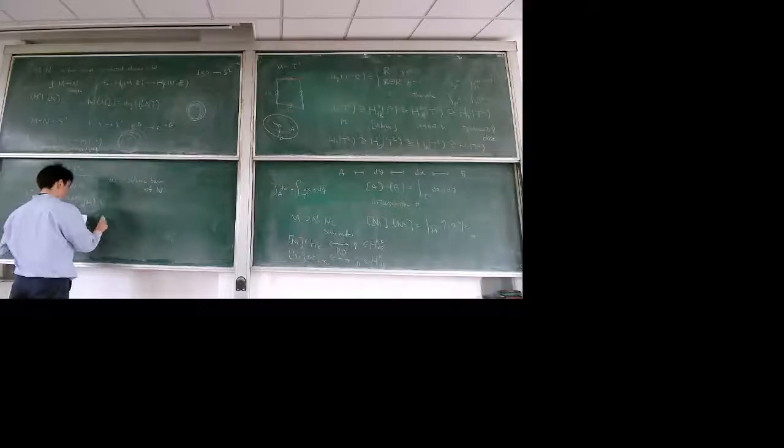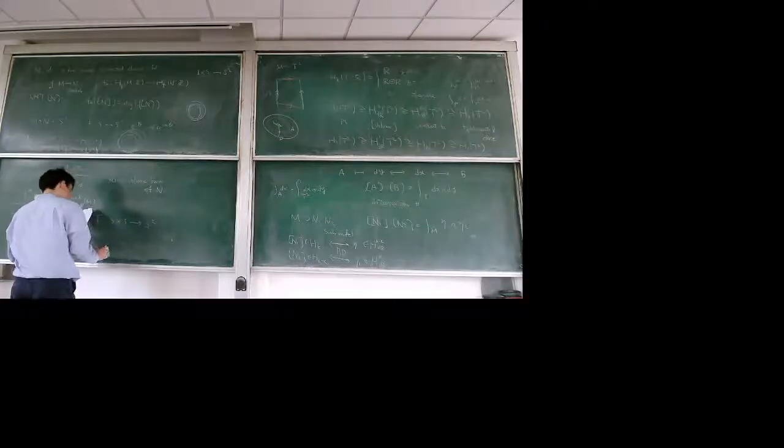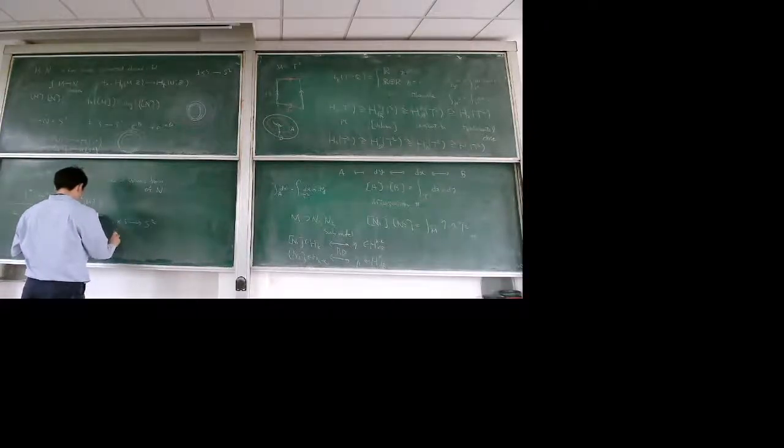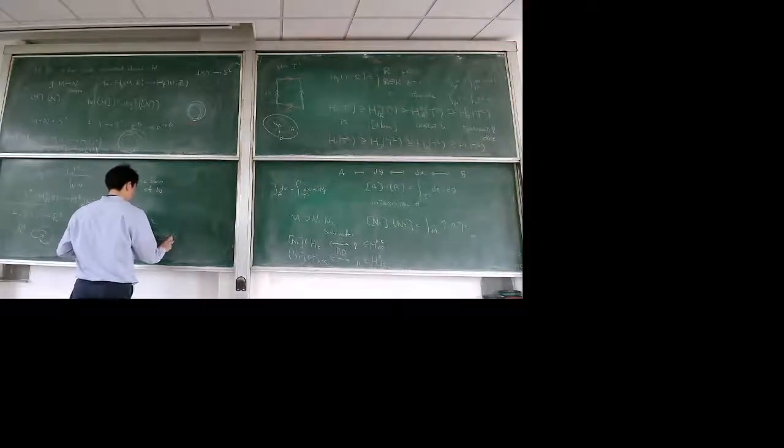I call it f, from S1 cross S1, which is a torus, to S2, in such a way that (x1, x2) is mapped to (x1 minus x2) divided by its absolute value.